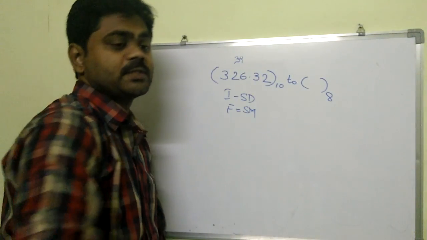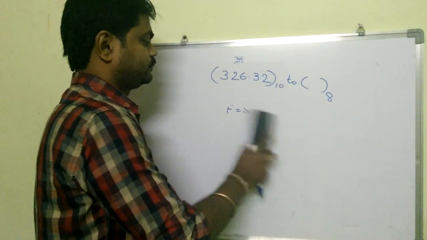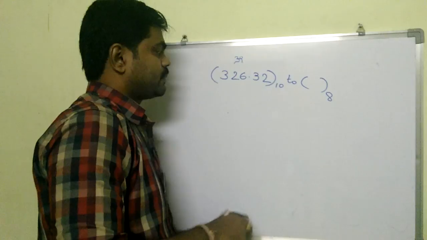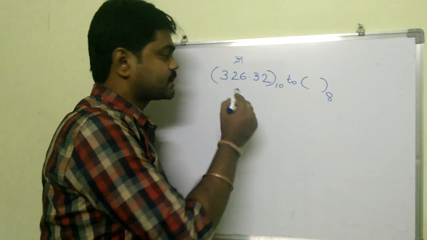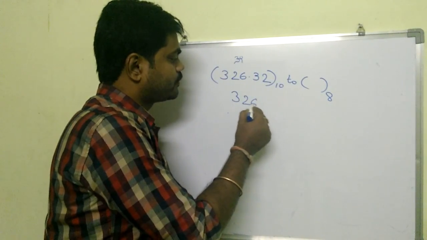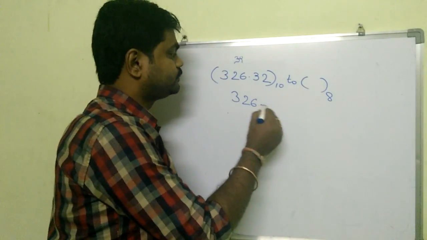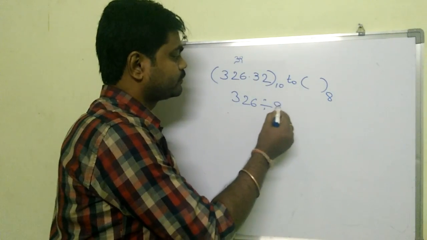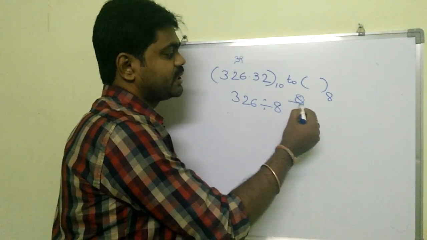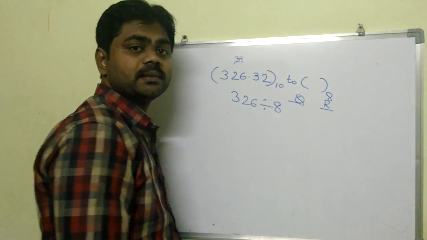Right. So what is my integer part here? My integer part is 326. So I need to divide 326 by 8. I will get a quotient and a remainder.